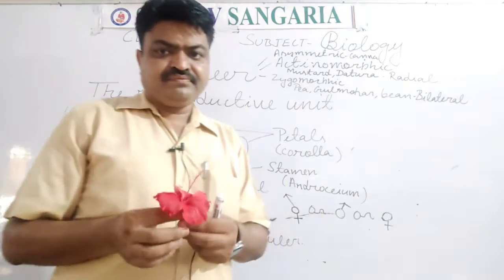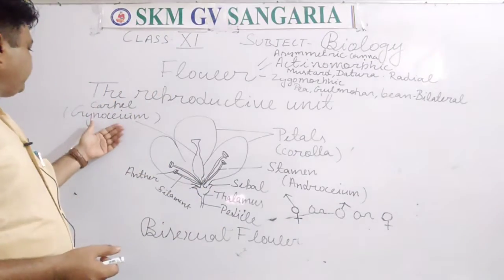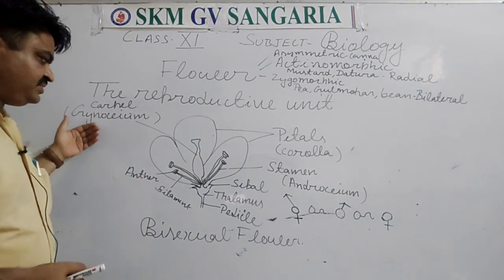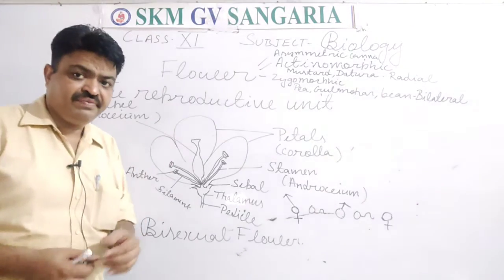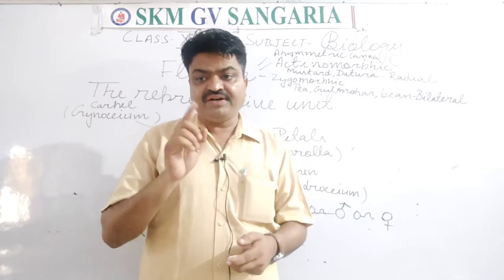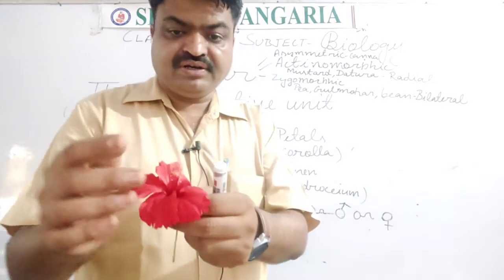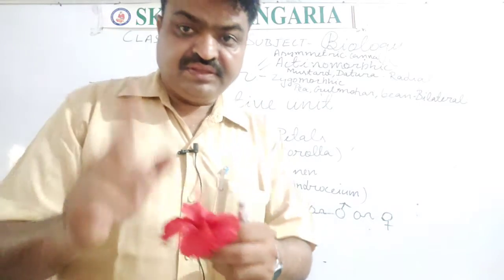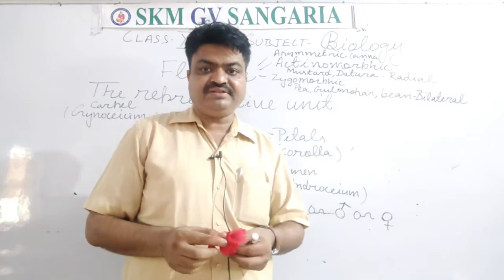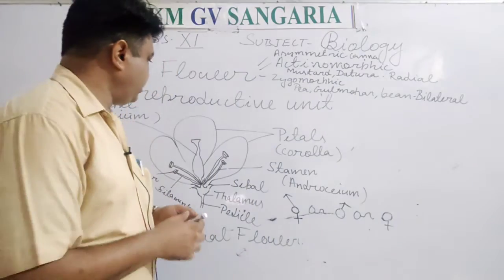Now in this there are three parts, this female reproductive part, which is also known as gynoecium. The gynoecium contains three main parts. First is the head, this part, student. This part is known as stigma. And what is the stigma, student?